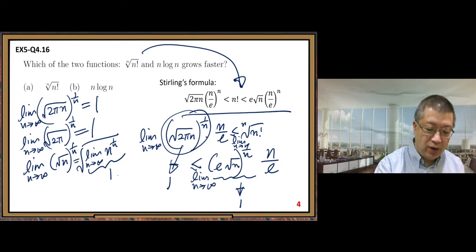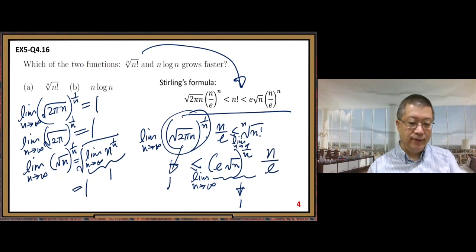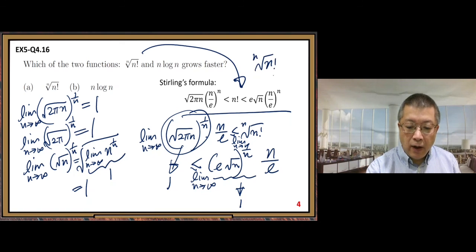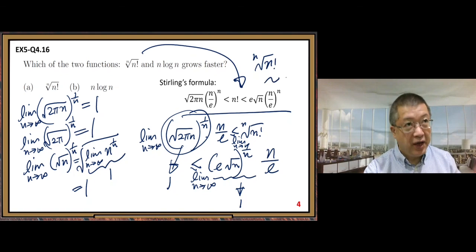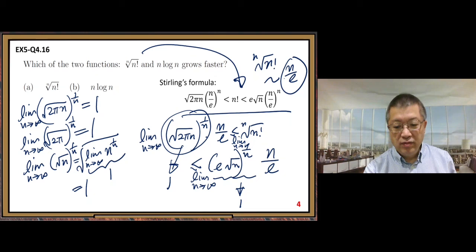So 1 times 1 is 1. Based on that, approximately you can use n over e when n is very large, 1 times n over e.